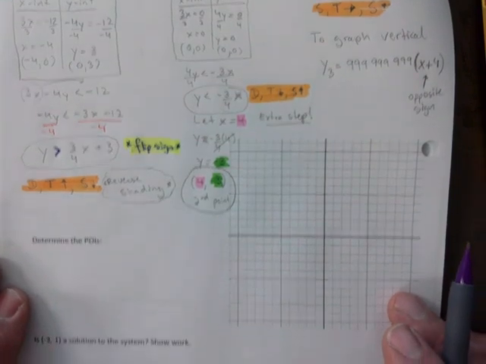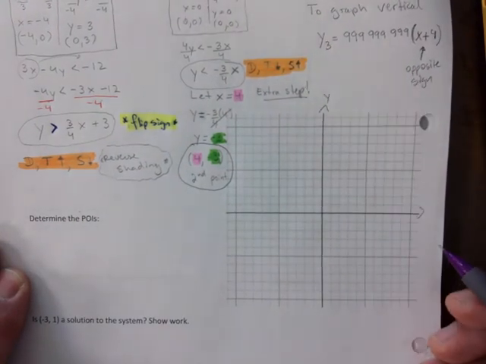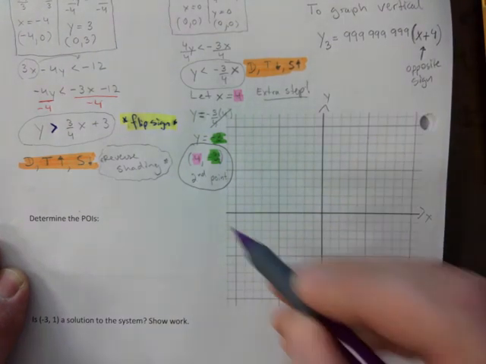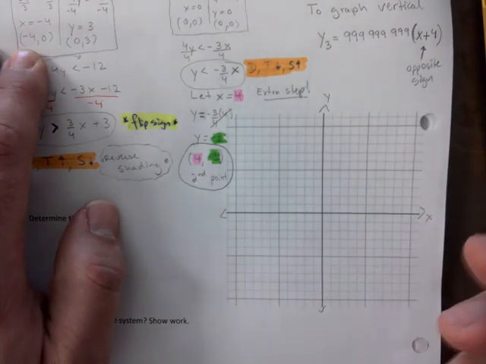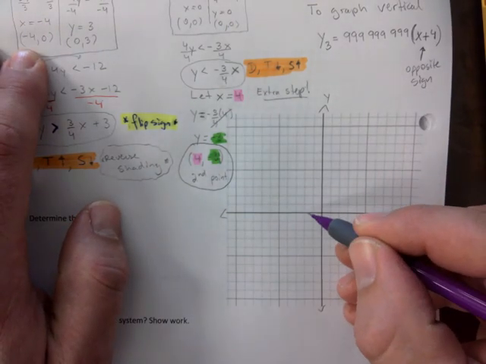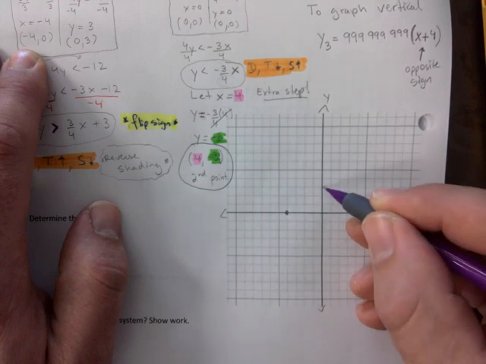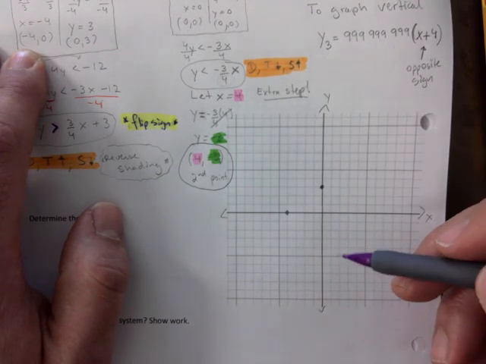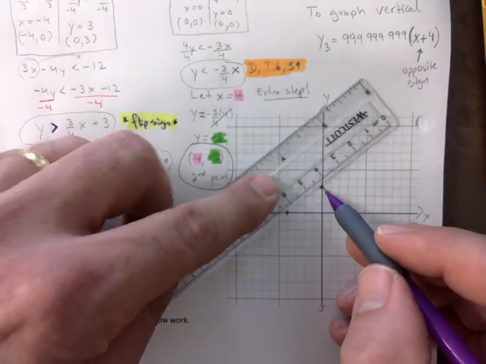So let's go and graph this. Y and x, x and y, one at a time. So negative 4, 0, 3. 1, 2, negative 4, 0, 3. If your scale is anything but 1, you need to make sure you label your axes accordingly. Okay? I'm told that's a dashed line.